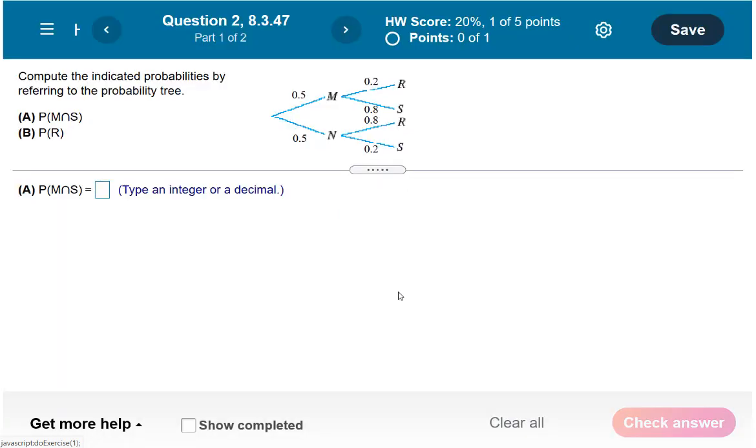We're given the tree diagram for question 2 and the mathematical way of saying the probabilities that we're looking for.